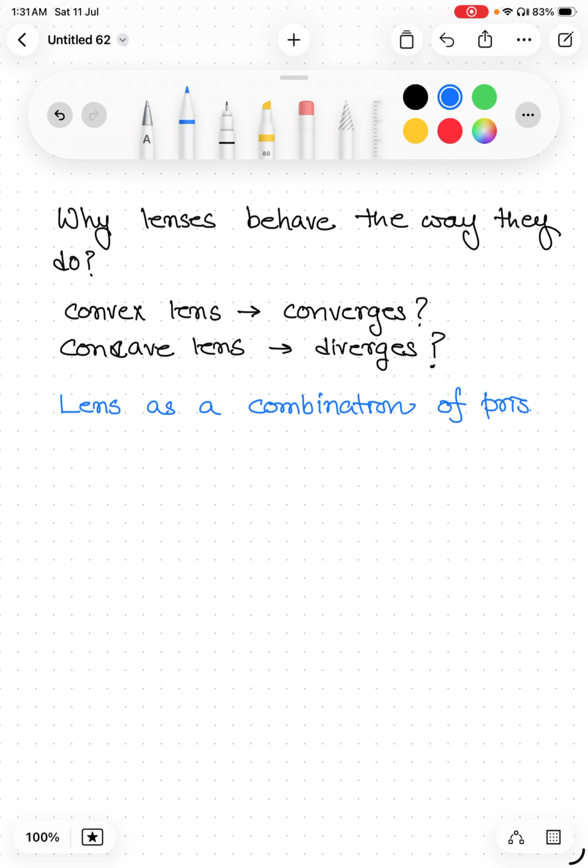We have already studied the prism, so we know that if this is the prism, then a light ray is coming and incident at this point. So we are going to draw the normal here. This angle is the angle of incidence.